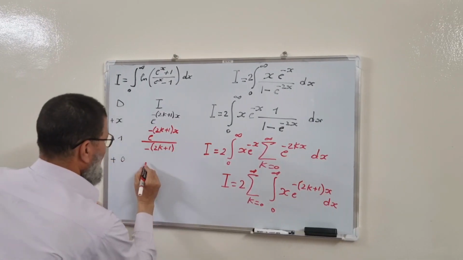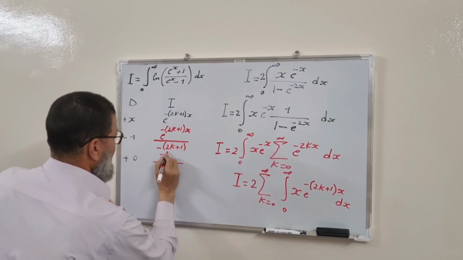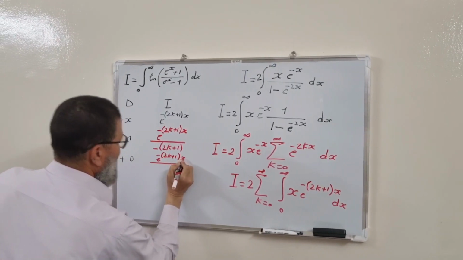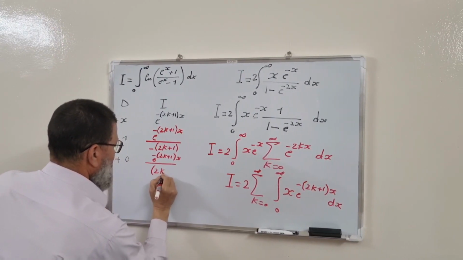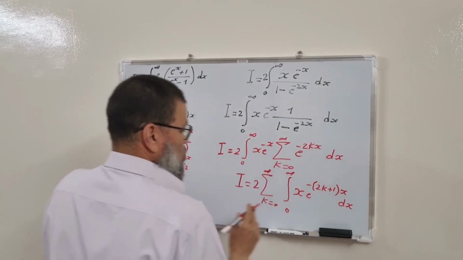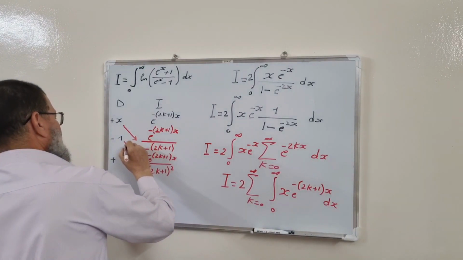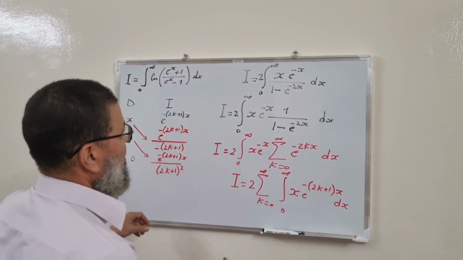Integration of this will be e^(−(2k+1)x) over (2k+1) squared. So the integral will be reduced.